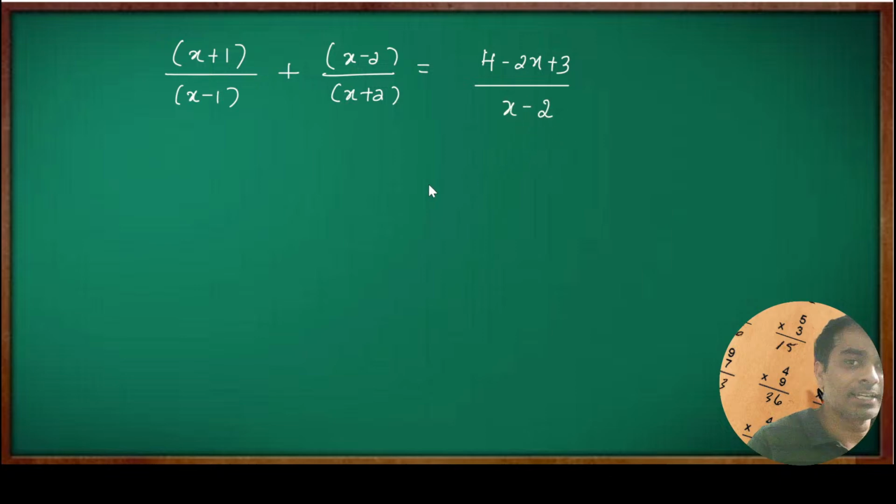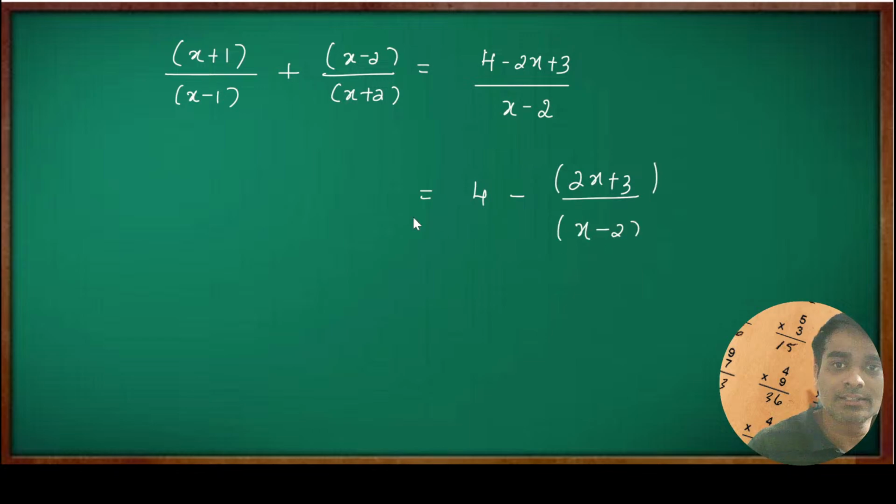Is it correct, or is it 4 minus 2x plus 3 by x minus 2? Which one is correct, down or up? I think down.